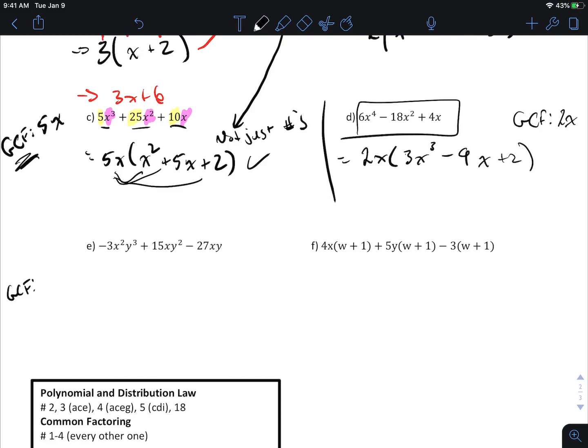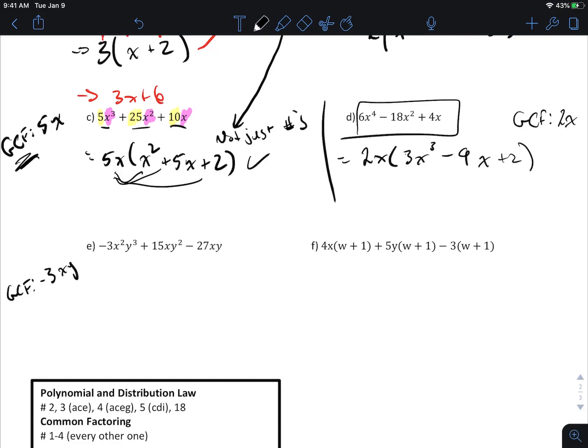So let's say the number I'm taking out is the negative 3. And I also see I can take out an xy from all three of those, because I see it in all three of them. So my greatest common factor is going to be negative 3xy.